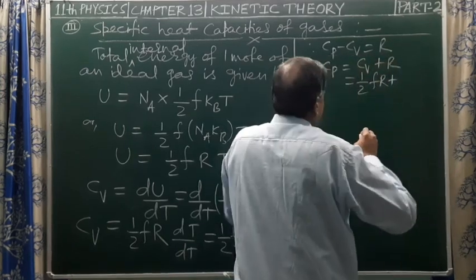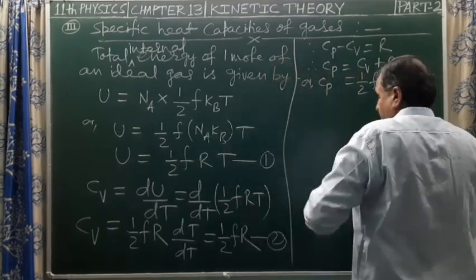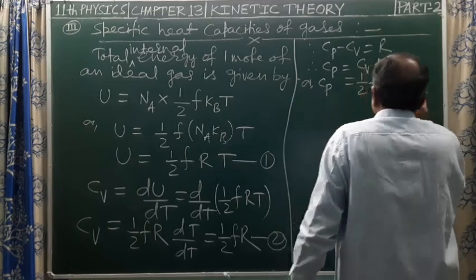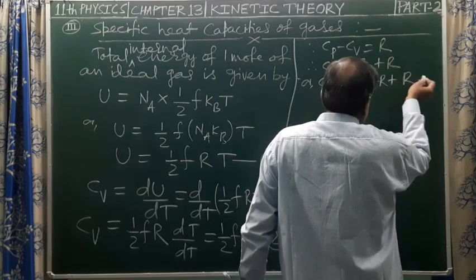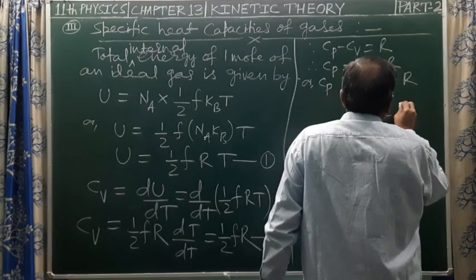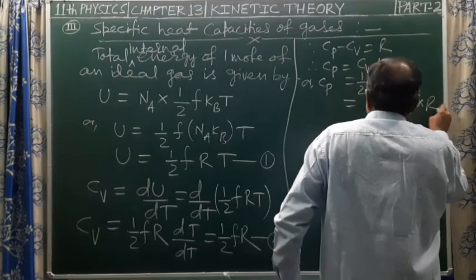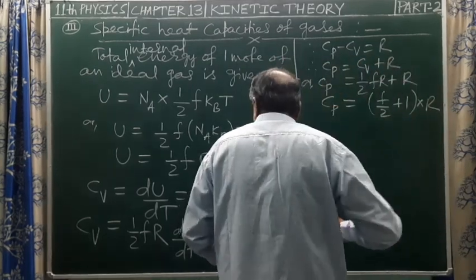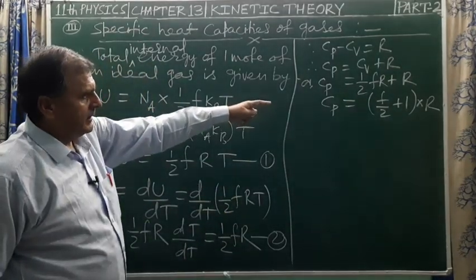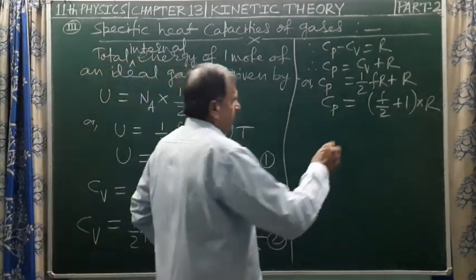So Cp equals 1 by 2 fR plus capital R, the gas constant. R is common in both terms, so it is (f upon 2 plus 1) multiplied by capital R.